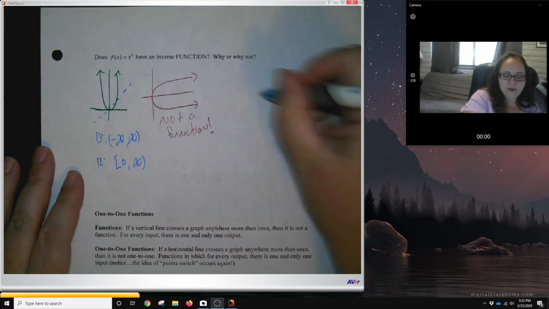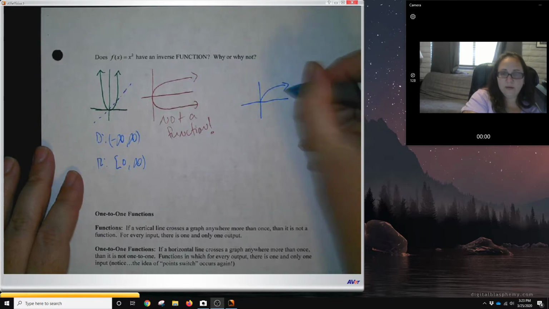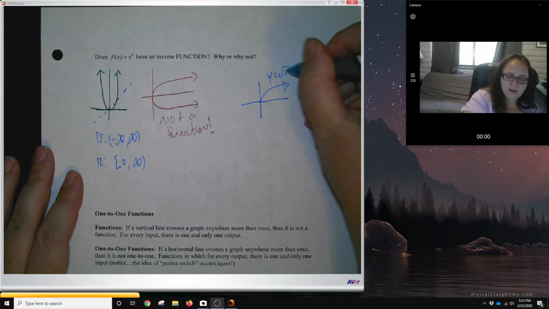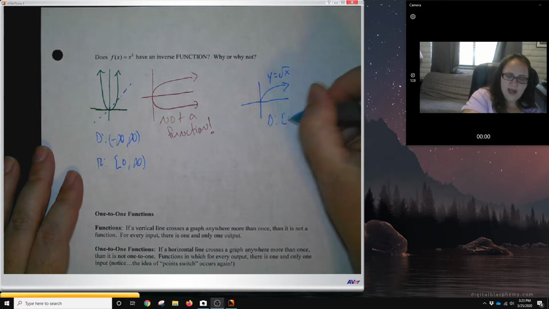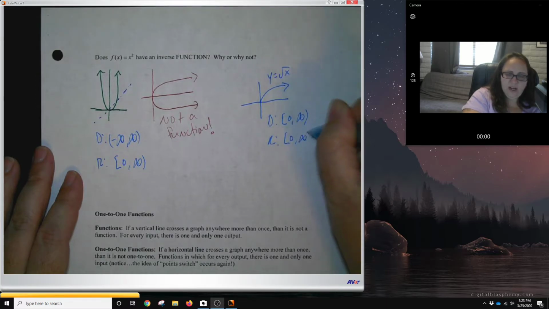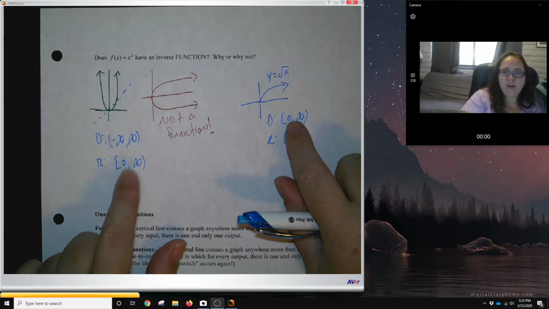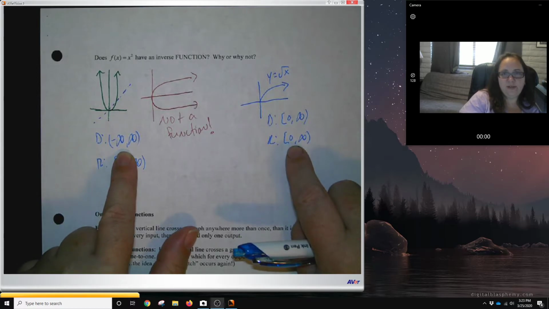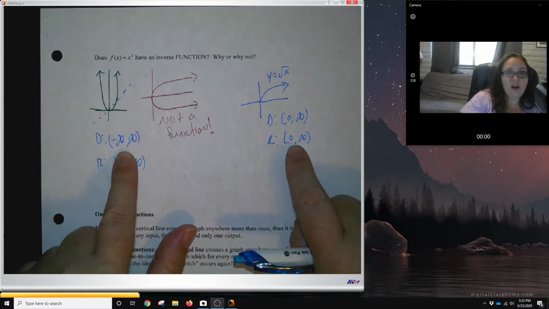But if we think about square root, that has a domain and a range of 0 to infinity. So my range becomes my domain is my range, but these two don't match up. And that's another reason why these two, as they're given to us, are not inverses.